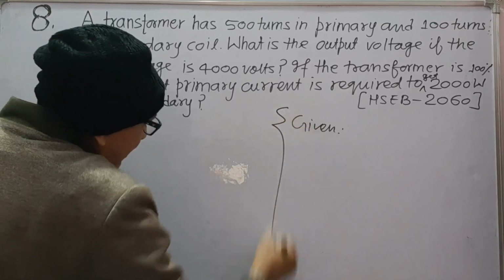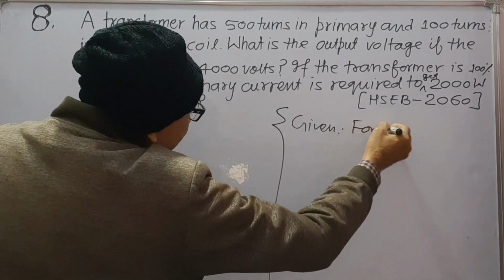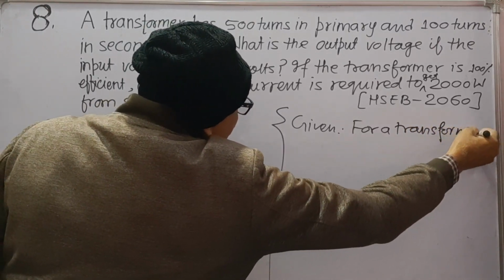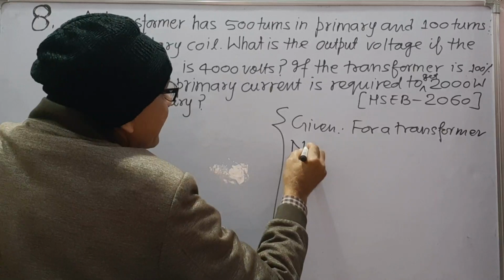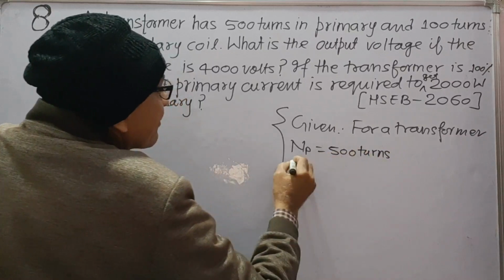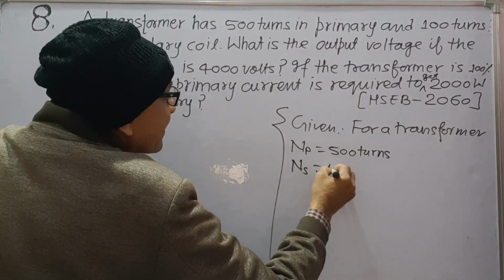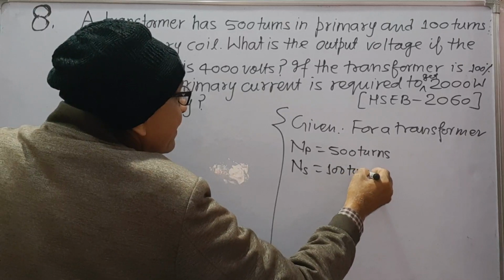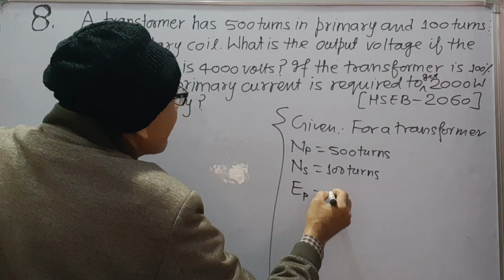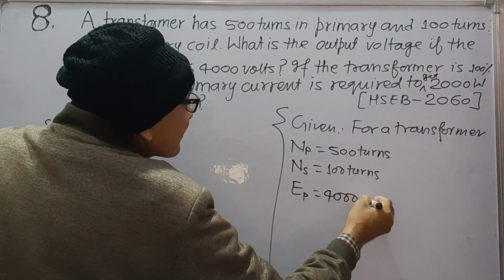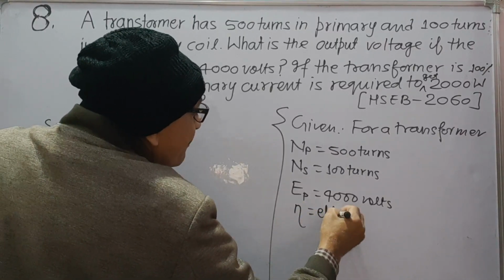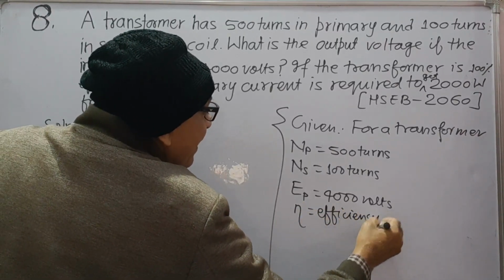Given, for a transformer: number of turns in primary 500 turns, number of turns in secondary 100 turns, EMF applied in primary is 4000 volts, efficiency 100%.